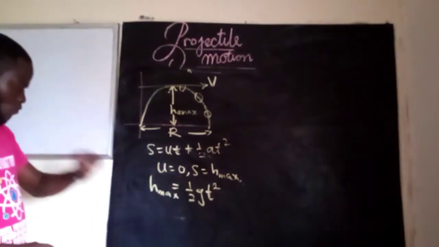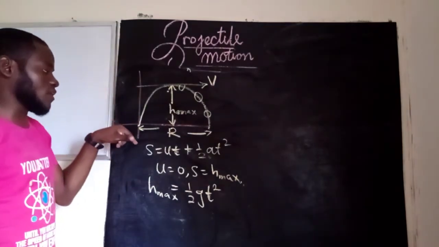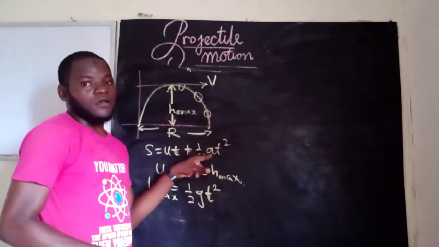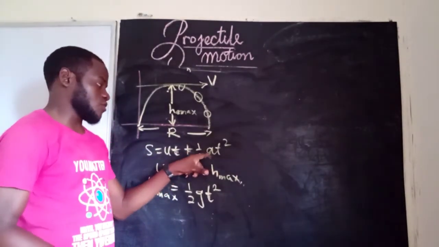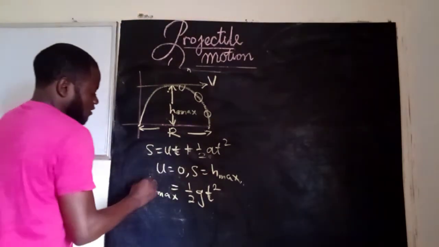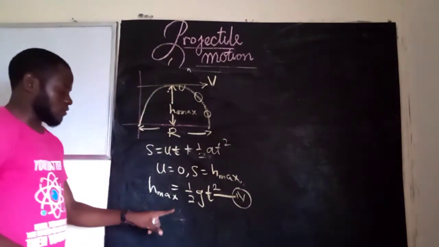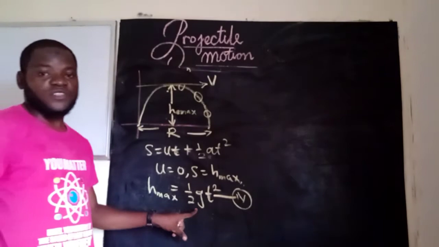The fact that the body has a horizontal velocity and not vertical velocity does not make this become negative or become 0. So it is going to be what? Positive. So this will serve as our fourth equation, and this is for maximum height when the body is projected horizontally.